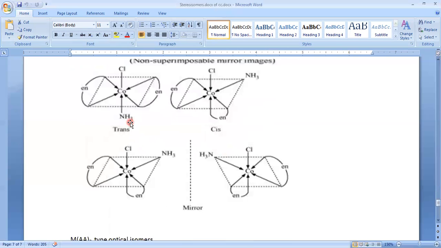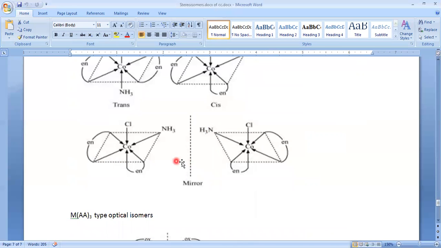Trans with respect to chlorine and ammonia: here chlorine and ammonia are oriented on the same side, that's why it is cis, and this is trans with respect to chlorine and ammonia. Both are optically active.